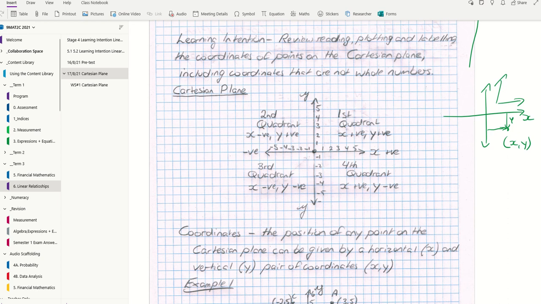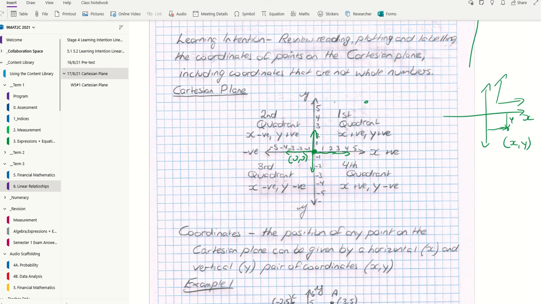Now we've got a point here, that is our starting point, that is 0, 0, and is called the origin. So from 0, 0 starting point, the x-axis goes this way, positive numbers, this way, negative, and it goes this way for vertical, for y positive, and y negative.